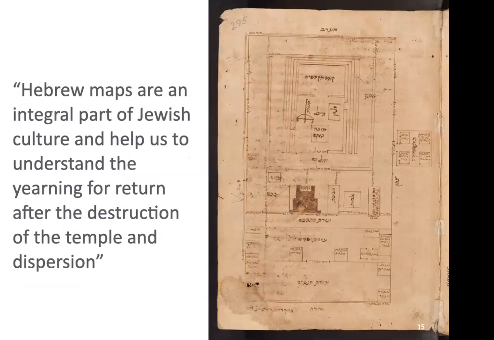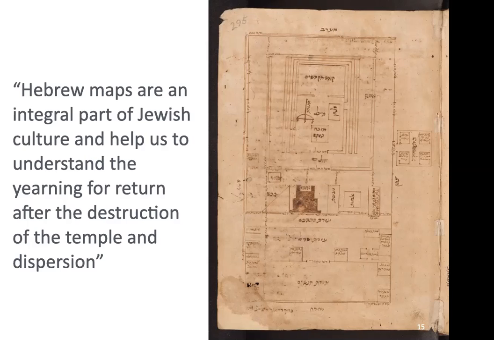Perhaps the most, this is an important quote. This is a quote from, I think it's from Barber, and he says that Hebrew maps are an integral part of Jewish culture and help us to understand the yearning for return after the destruction of the temple.